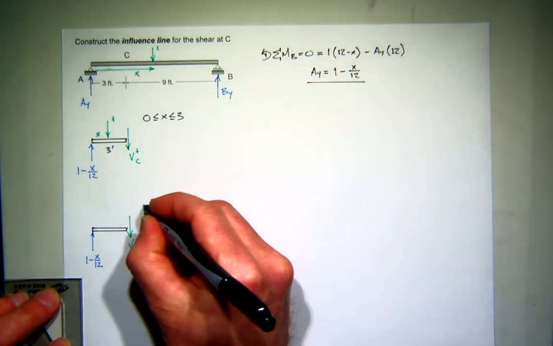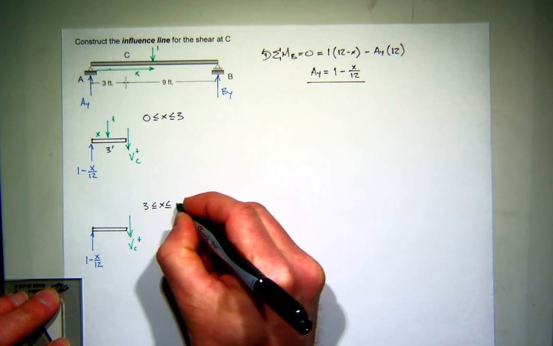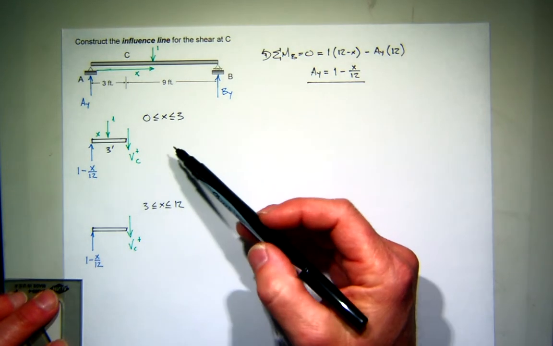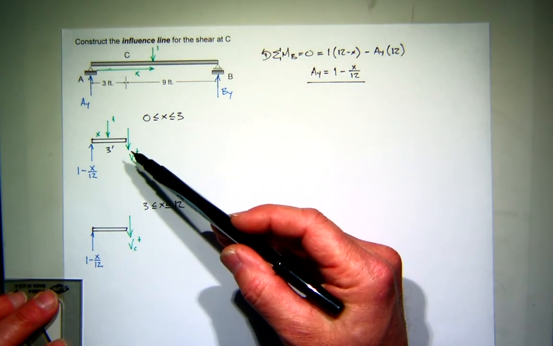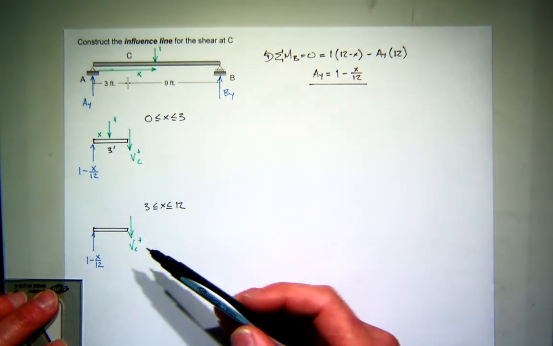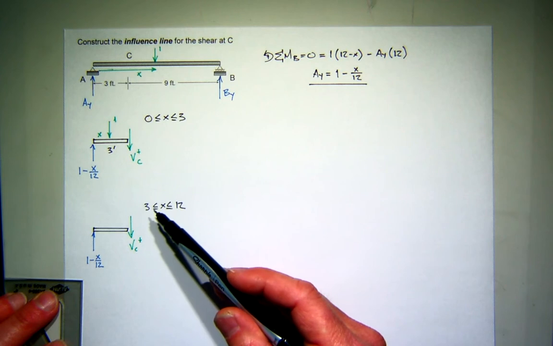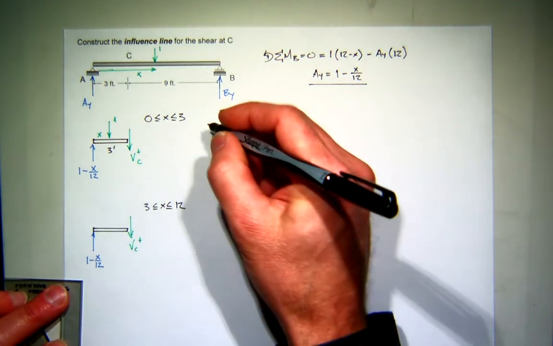So this will be valid from 3 to 12. Everybody see the difference? So all I have to do now is just apply the things we've done previously and solve for the shear here. And when I do that, I'll have the value for 0 to 3. And then I'll solve for the shear with this free body diagram, and I'll have the value from 3 to 12. So let's start with the first one.